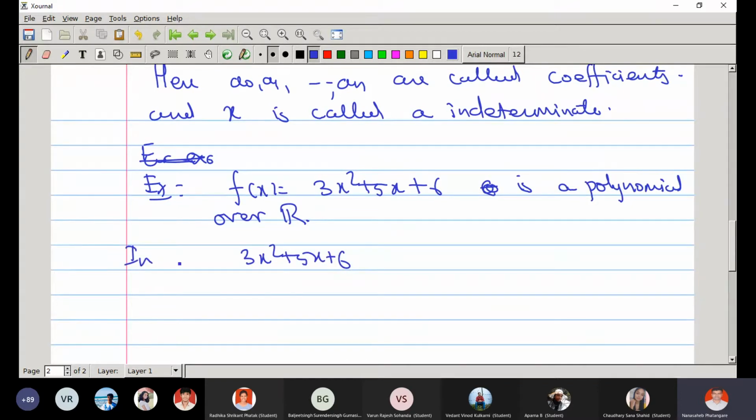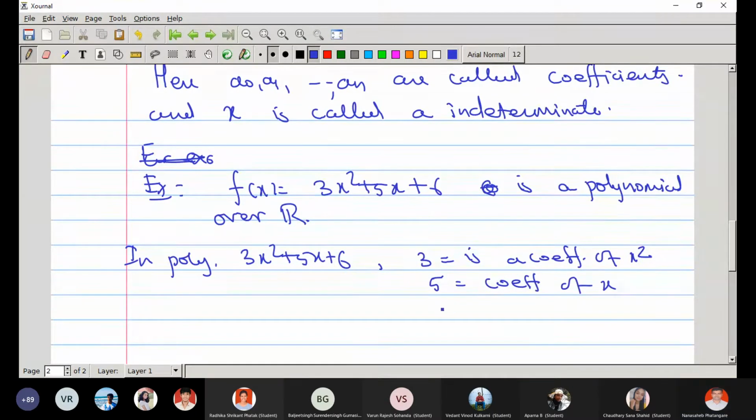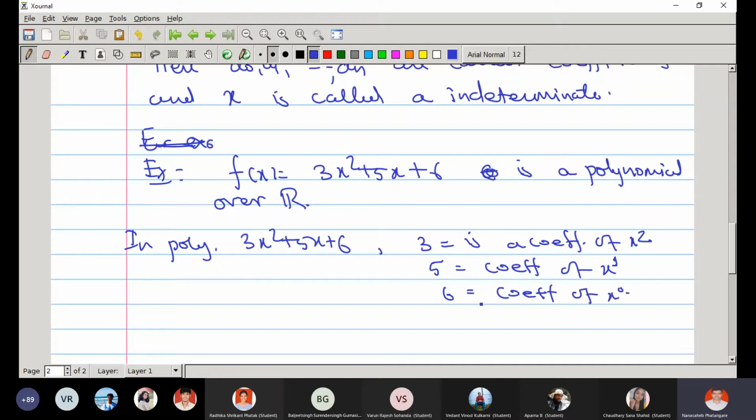So in the polynomial, 3 is the coefficient of x square, right? 5 is the coefficient of x to the power 1, right? And 6 is the coefficient of x to the power 0, right?